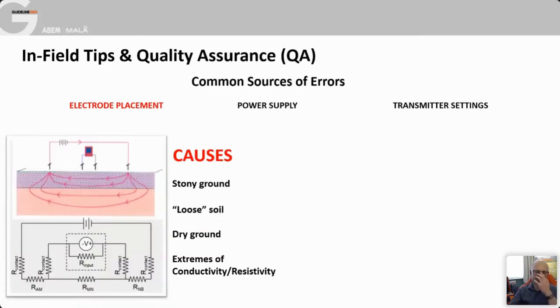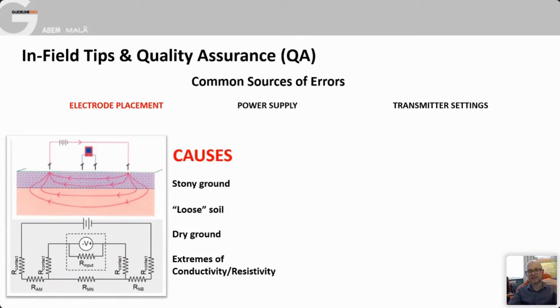And if you were to look at what contributes to the resistance between the current injectors, we have the resistance of the ground itself, and then the resistance at each of the electrodes. And that is by far and away the largest contributory factor. It's the electrode contact.